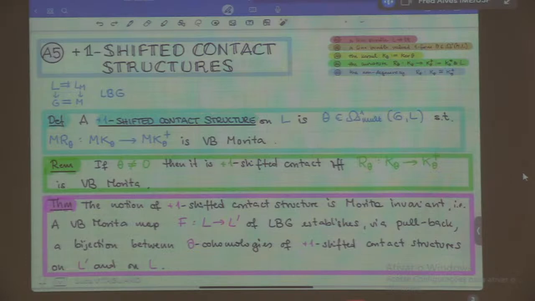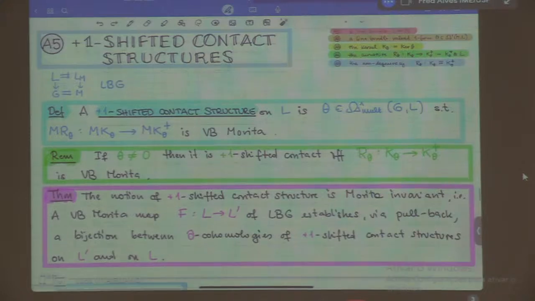It turns out that this notion of class one shifted structure is Morita invariant in the following sense: if you have a dB Morita map F of two line bundle groupoids, then the pullback along F establishes a bijection between class one shifted contact structures, or more precisely between the simplicial homology classes of class one shifted contact structures. And in this sense, it's really a structure on the stack.